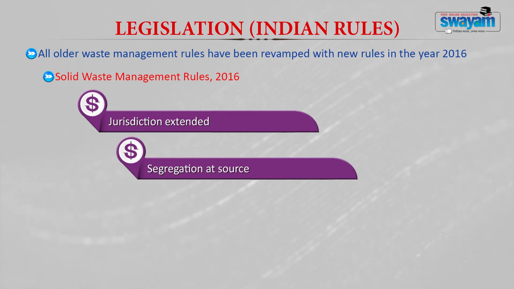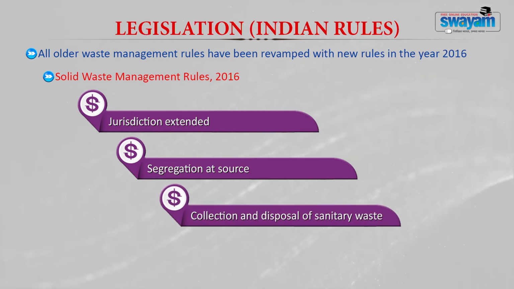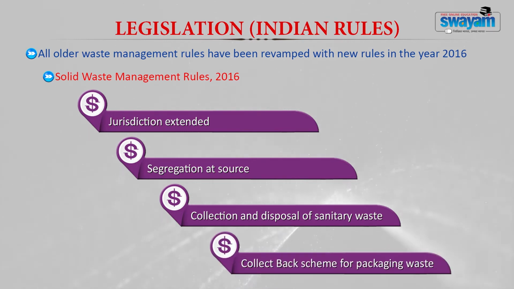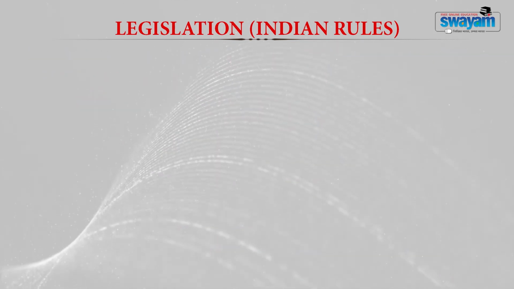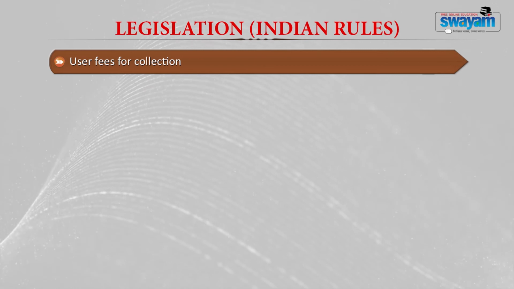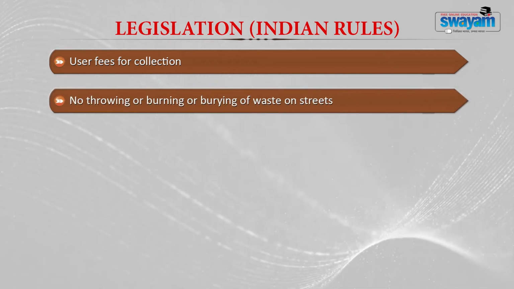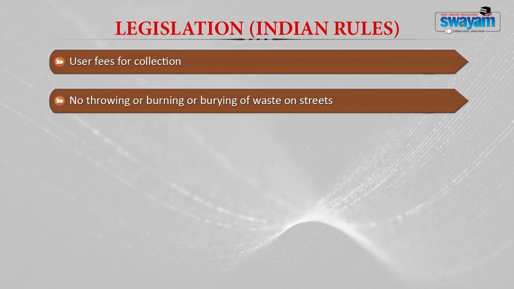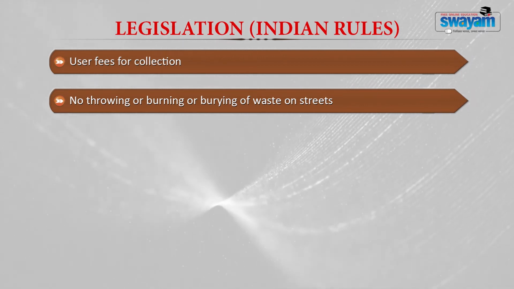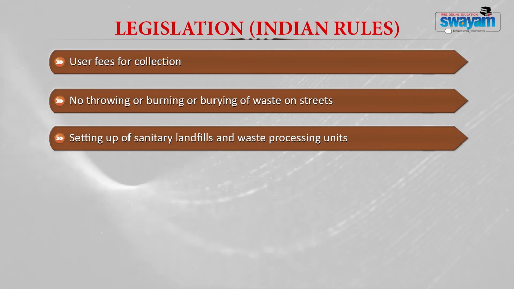They give importance to the collection and disposal of sanitary waste, establishment of collect back schemes for packaging waste, which we discussed under material recycling in the previous slides. Then laying down user fees for collection, and they also suggest that no throwing, burning or burying of waste should be done in an open area or in streets. Then they also talk about setting up of sanitary landfills and other waste processing units.